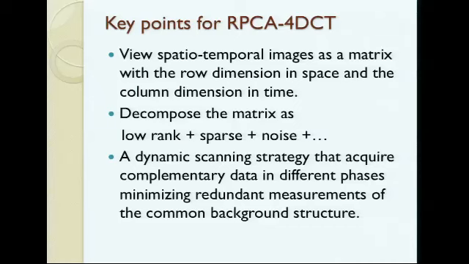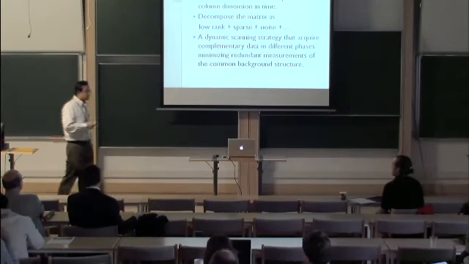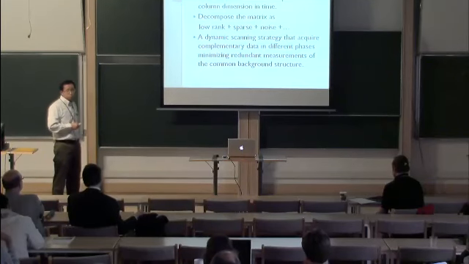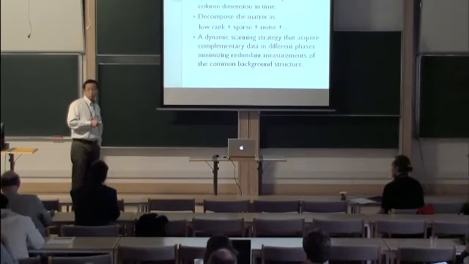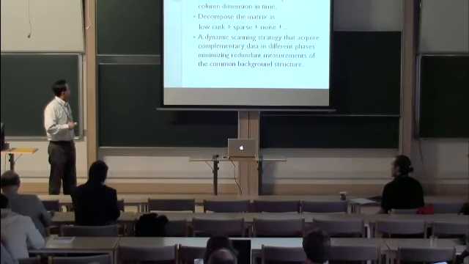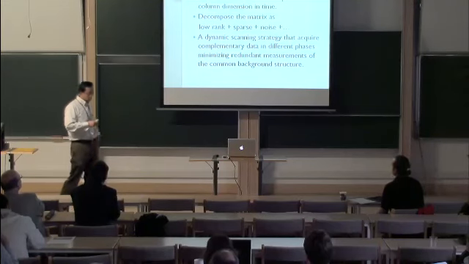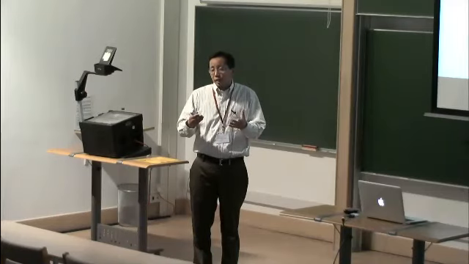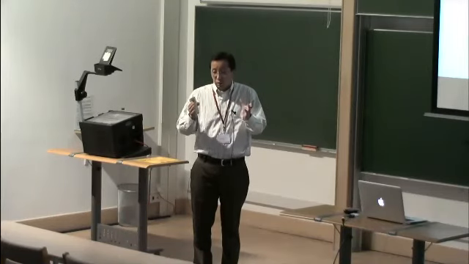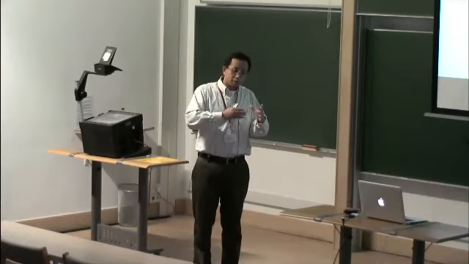Also, based on this idea of taking advantage of coherence in time, we really tried to do this in experiments, but that's much harder for mathematicians to do. So we developed a dynamic scanning strategy that basically utilizes this coherence in time. Not every time do you have to look very carefully with a lot of measurement, but you look at different things at different times.